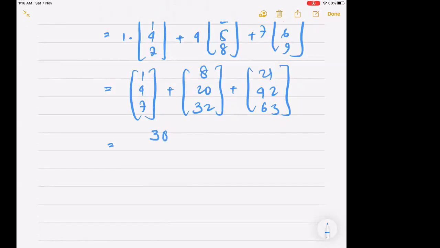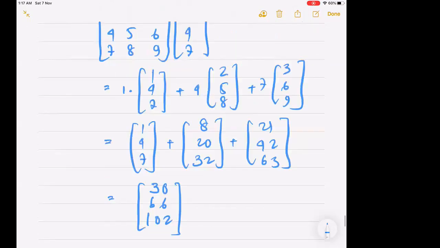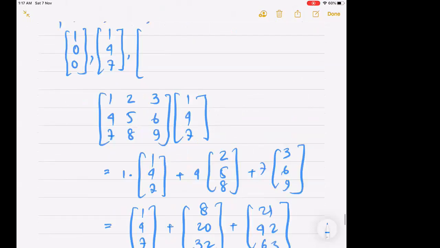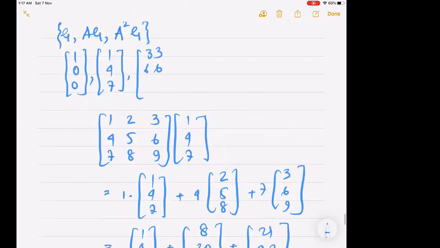So this is the third vector, 30, 66, 102.